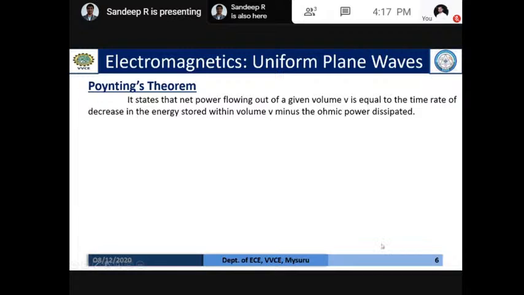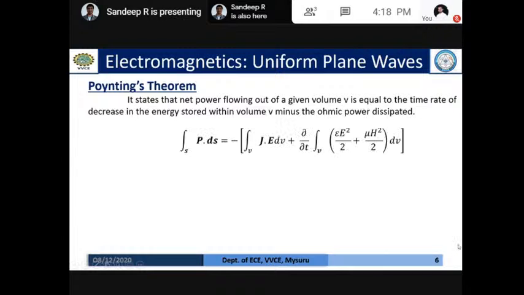And problems related to Poynting's theorem and also calculating power, average power density. So those kinds of problems you can also see in previous GATE question papers. So Poynting theorem states that the net power flowing out of a given volume is equal to the time rate of decrease in the energy stored within the volume minus the ohmic power dissipated.